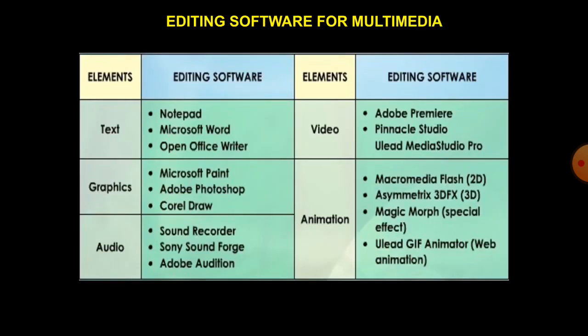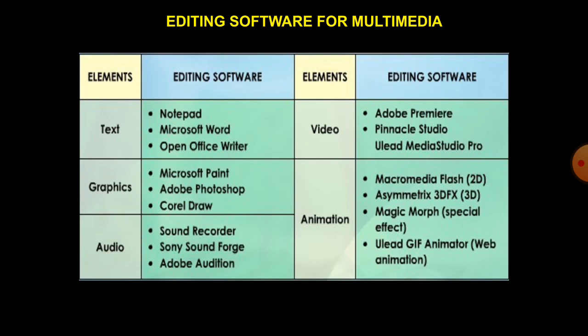And next we are having different editing softwares for multimedia. We will see the different editing softwares for the multimedia. We are having the 5 elements: text, graphics, audio, video and animation. First is the text. The editing software for text is Notepad.